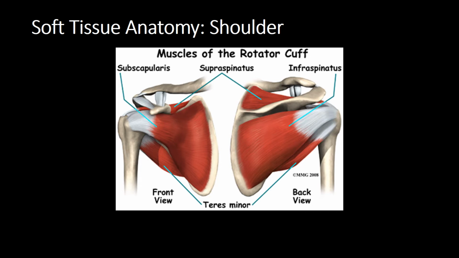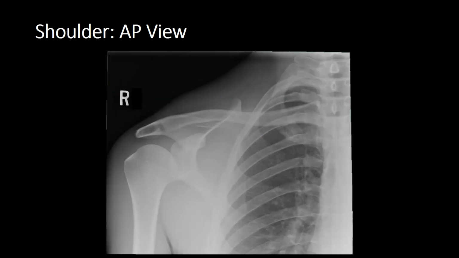Let's now have a look at the different radiographic projections. The standard trauma protocol for shoulder imaging is an AP view. The AP view covers the sternoclavicular joint medially. Inferiorly, the inferior angle of the scapula and the proximal third of the diaphysis of the humerus.